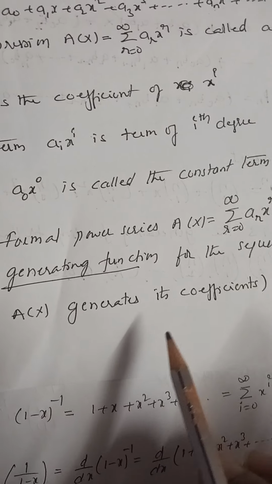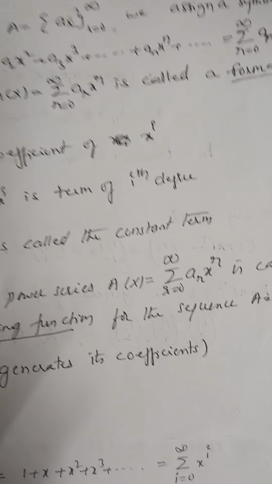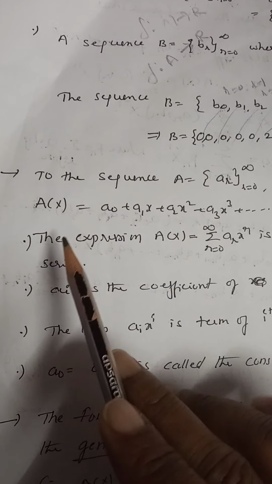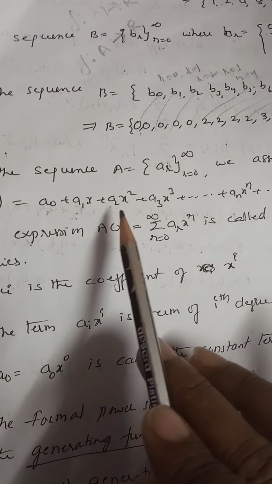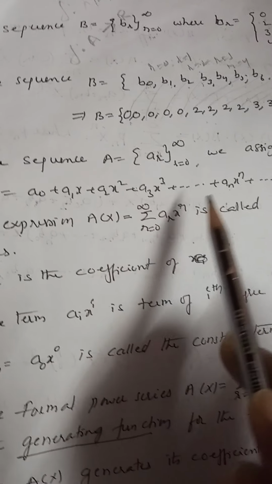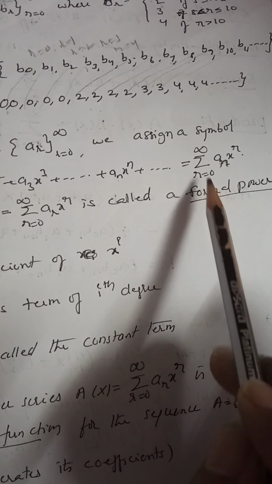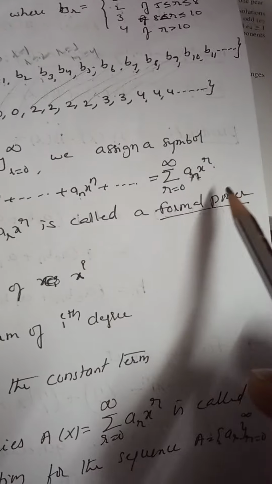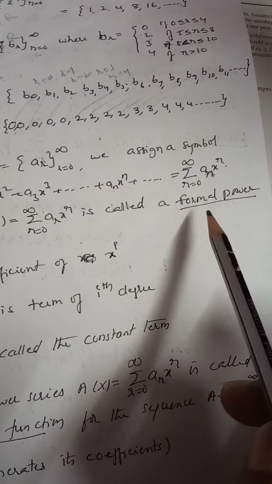Here A of x generates the terms of the sequence. This is nothing but the formal power series a0 plus a1x plus a2x square plus a3x cube and so on plus an x to the power of n plus so on, equal to summation r running from 0 to infinity ar x to the power of r. This is there in page number 1.